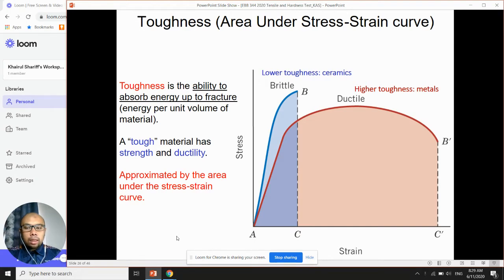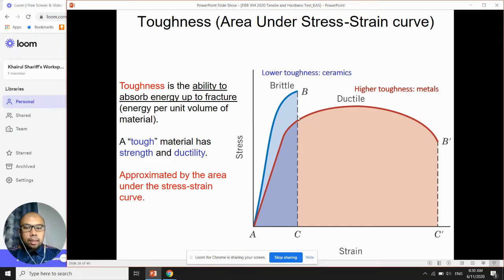When we talk about toughness in the stress-strain curve, as you can see in the figure on the right side, you have materials A, B and B asterisk.